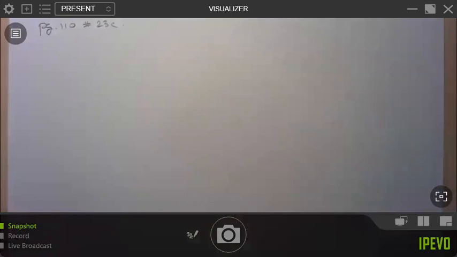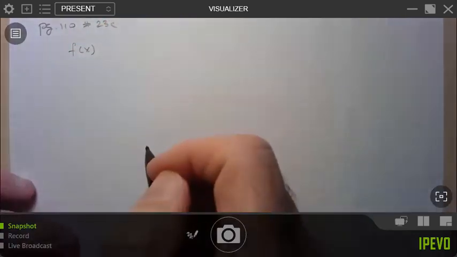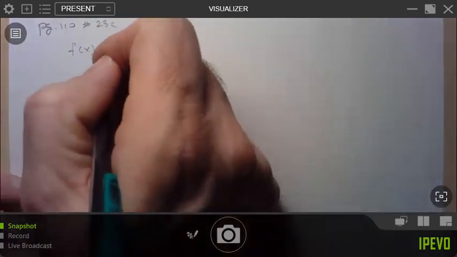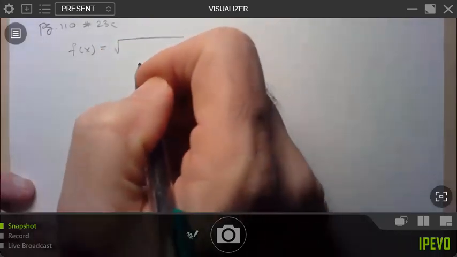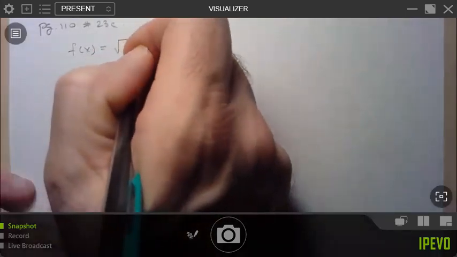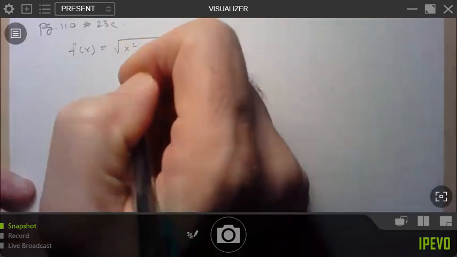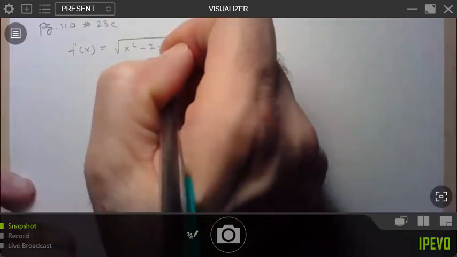At what x values is each function not differentiable? Explain. So let's look at the function itself. So it's the square root of x squared minus 7x plus 6.